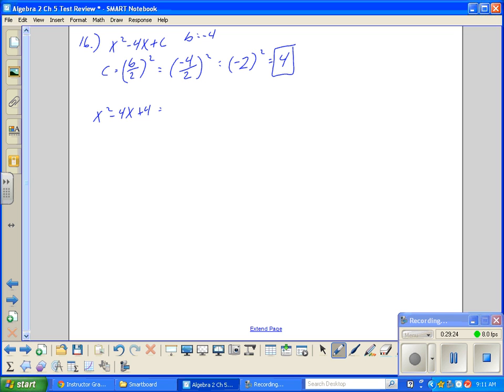And so the square of a binomial is x plus b over 2 squared. So our b term was -4 over 2, gave us the -2, so it's going to be x plus -2, or just x minus 2 squared.